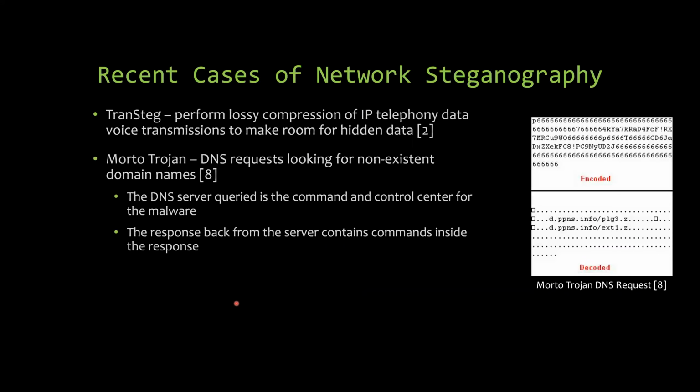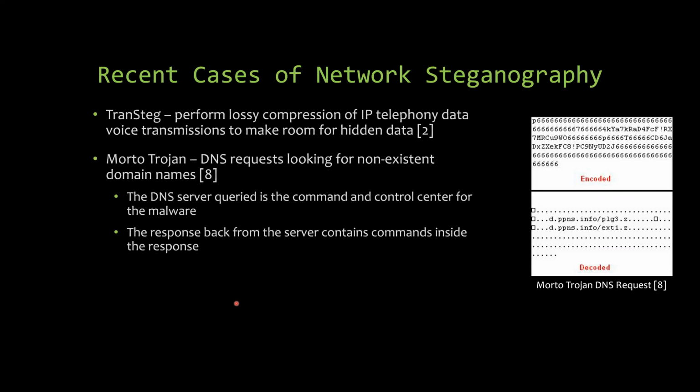So there are some recent cases of network steganography that we've seen in the wild. Transsteg, which is short for transcoding steganography, utilizes the network protocols VoIP uses, so voice over IP, to pass hidden information across the network.